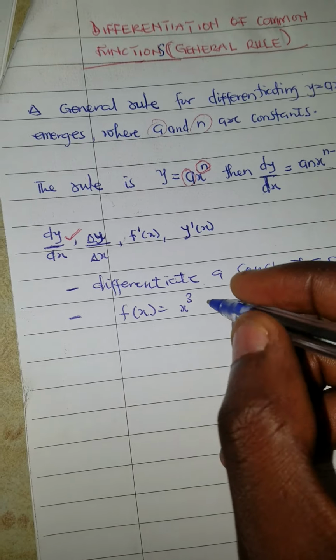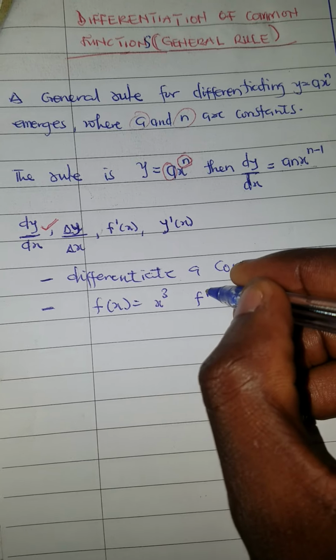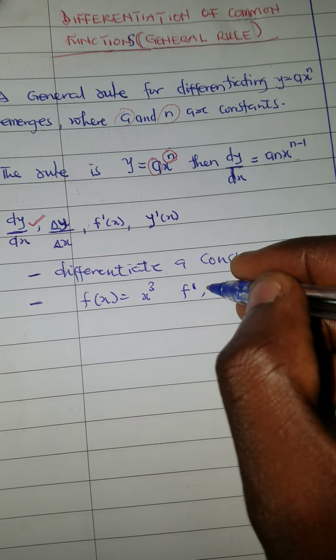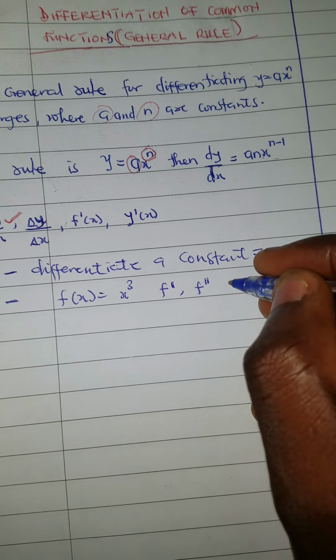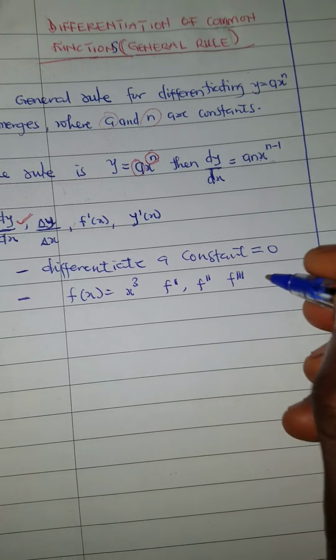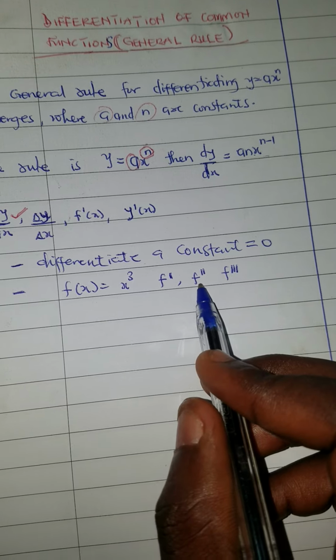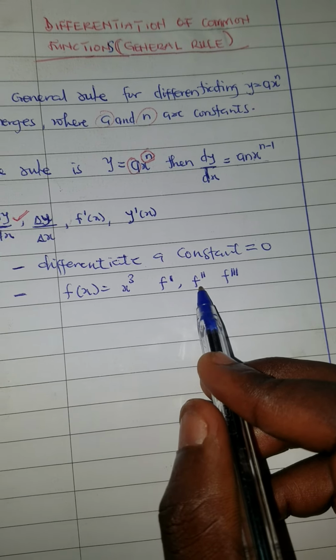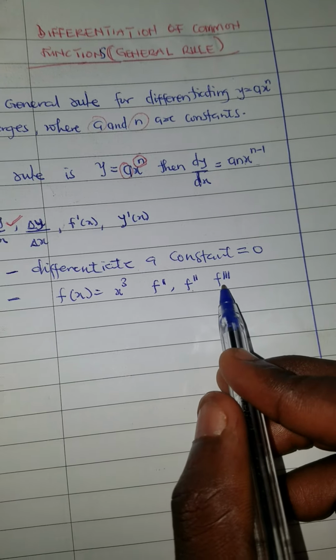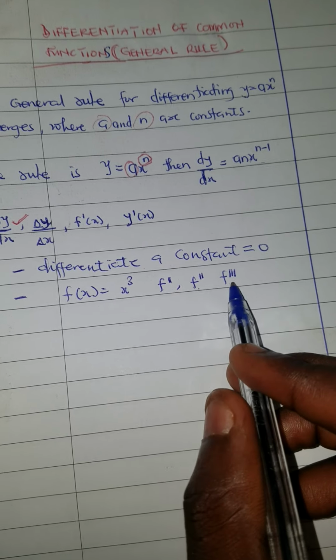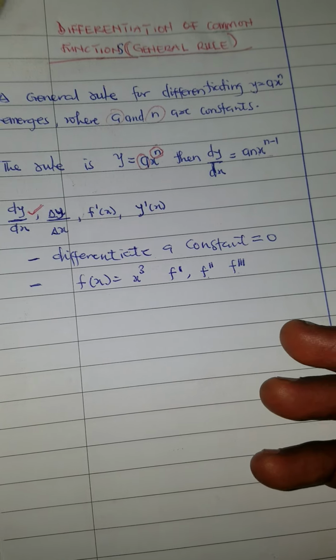That is where you see some things like f prime, f prime prime, f prime prime prime. It means they have differentiated this only once with f prime. If you differentiate it twice, then you say f prime prime. If you differentiate it thrice, then you say f prime prime prime. That is what you'll be seeing.